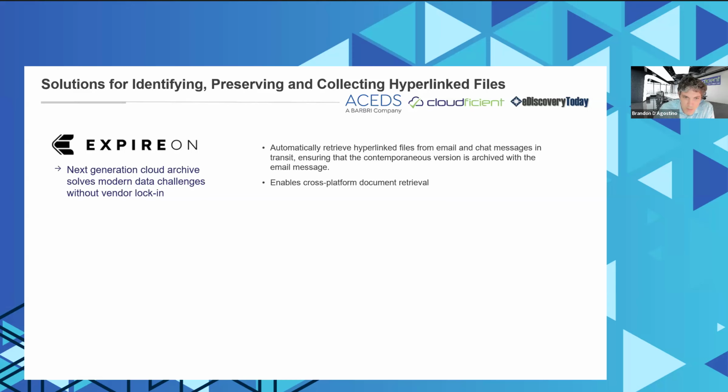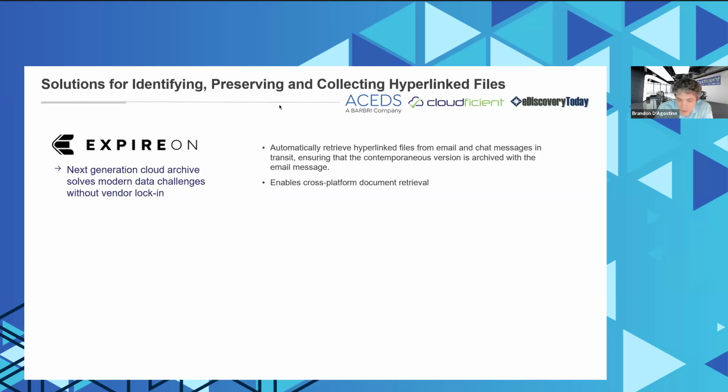So essentially, we're getting a copy of the emails as they're sent. We detect that hyperlink, go and fetch it, and store it with the message. Not forcing it to be an attachment per se, but preserving the relationship between that email or a chat message where that hyperlink file may have been shared.